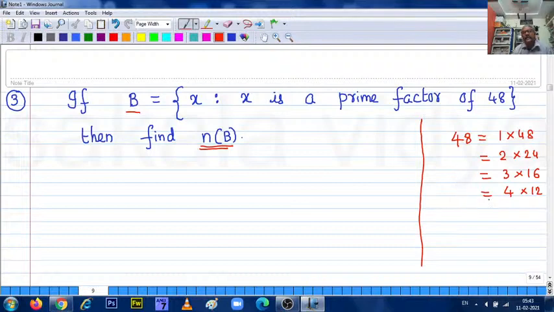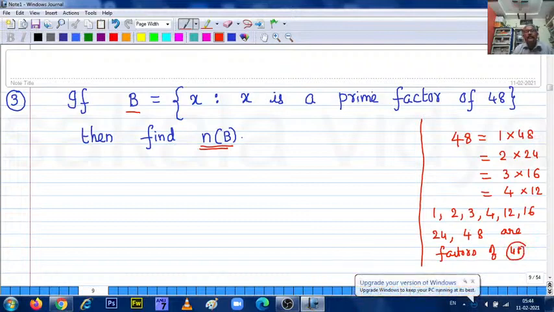So the factors are 1, 2, 3, 4, 6, 12, 16, 24 and 48. But out of the factors, what is important here is the prime factor. What are the prime factors?